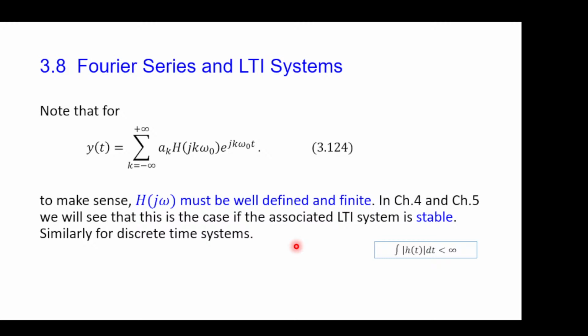Any question about using this Fourier series decomposition to calculate the output of an LTI system? I think it's pretty straightforward. As long as you get big H, you just multiply all the coefficients with big H. So now we basically have a different way to see our LTI system.